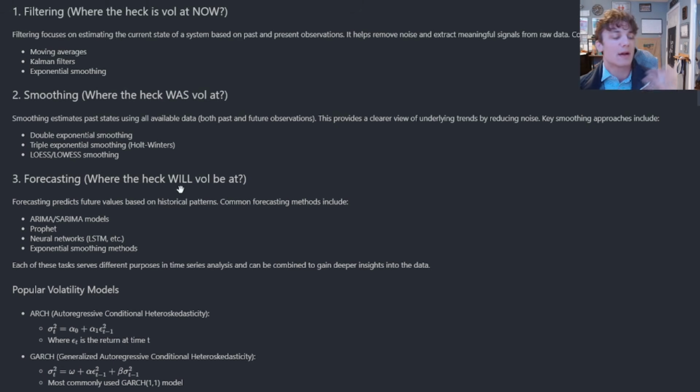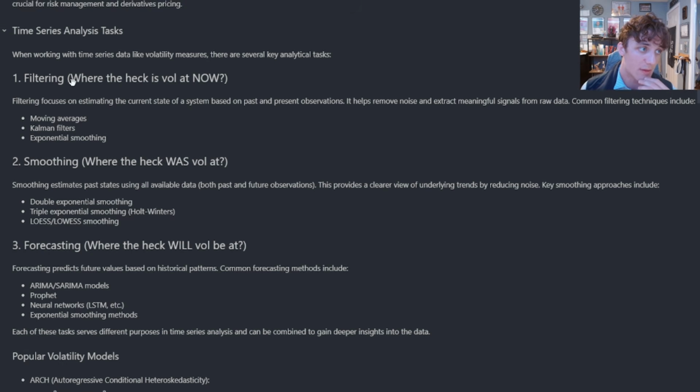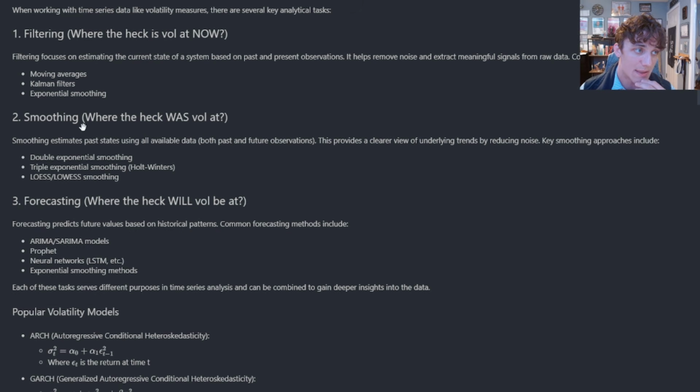So in the context of modeling volatility, the keys are that, again, volatility is unobservable, and these statistical measures change over time, and we're always going to be trying to figure out where the heck volatility was, where it is now, and where it will be.